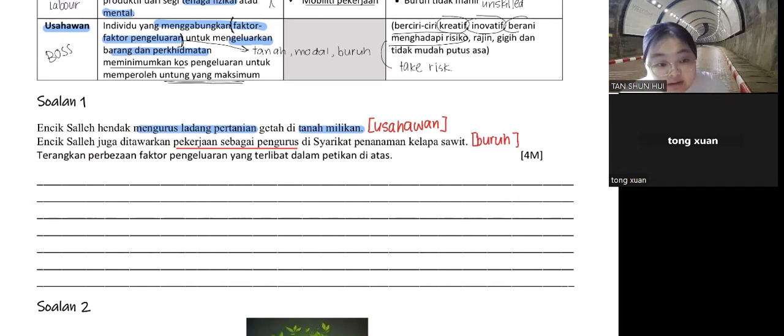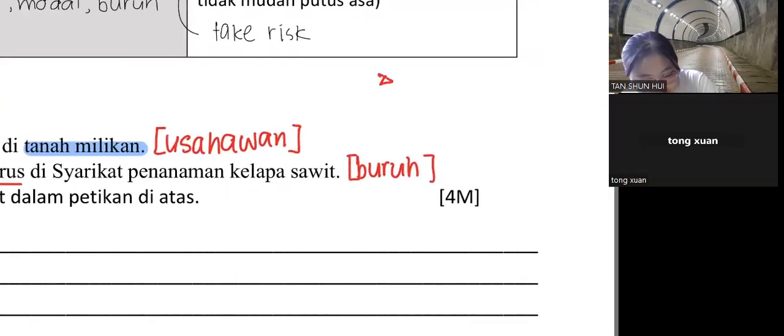Okay, now most of the time they would like to give you two situations. So they will ask you perbezaan. Perbezaan, difference. So you got to compare. Now, when they ask you differences, you gotta say, okay, first one is this, another one is that. So you will say, usahawan ialah blah blah blah, manakala buruh ialah blah blah blah. You must do A, B, A, B, A, B compare. All right. But if they ask you bandingkan, if they use the word bandingkan, then it will be different.